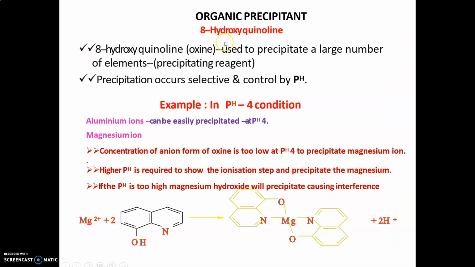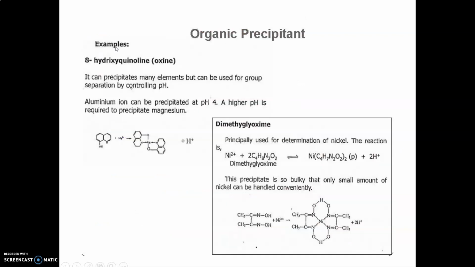Okay, this is an example of organic precipitate. You can read by yourself. These organic precipitates were never asked in any question before, so just read by yourself for your further information and knowledge.